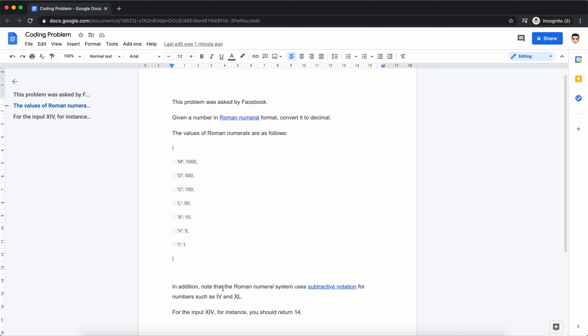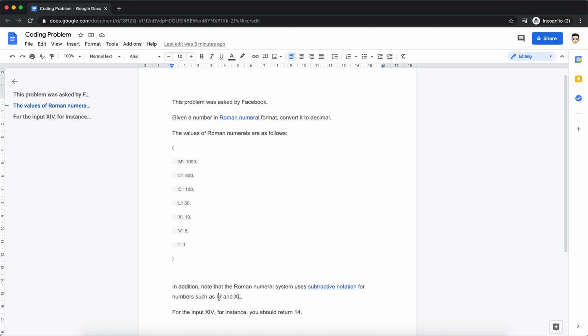So basically in Roman numerals, how it works is the notation, like M, D, C, any one of these, while going from left to right, it should always be in a decreasing order, right? So as soon as you find any place where it starts increasing, you basically do a subtraction.